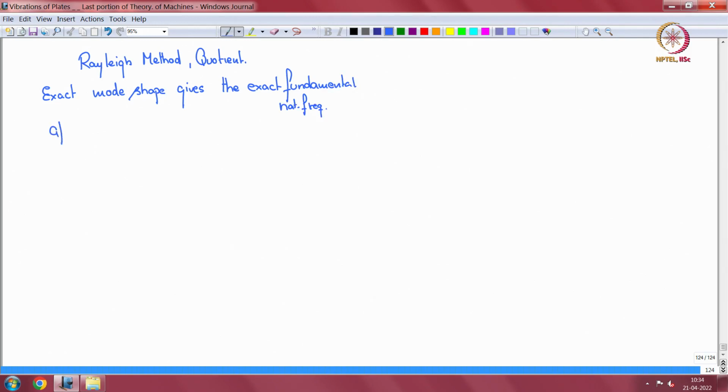An approximate one gives a natural frequency that is greater than omega exact. So, in a way, the exact mode shape minimizes, the exact admissible function minimizes the Rayleigh quotient.